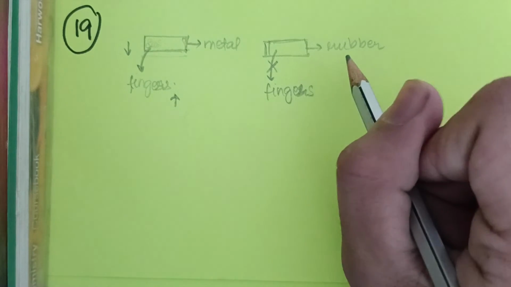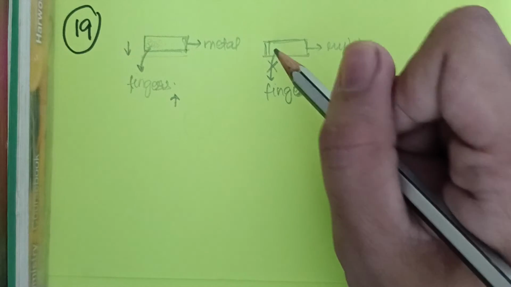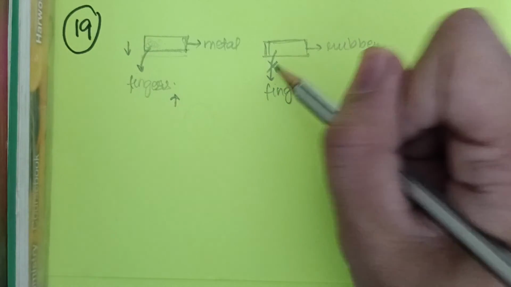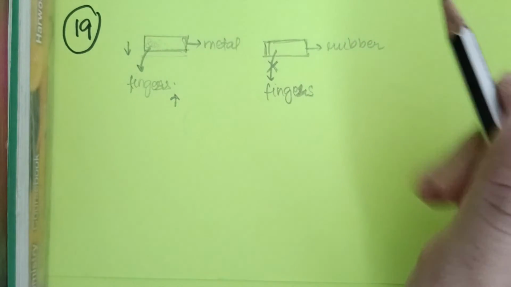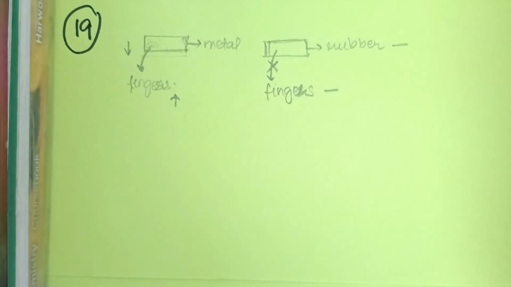Instead, when we talk about rubber, rubber is not such a great conductor of heat, therefore, it will not transfer the heat to your fingers. Therefore, your fingers and rubber remain at the same temperature, so you don't feel that the rubber is cold. So the main reason for metals feeling cold is that metals are a better conductor of heat.